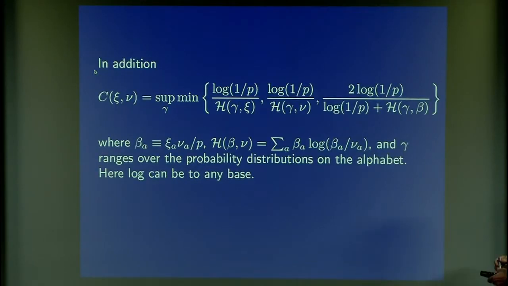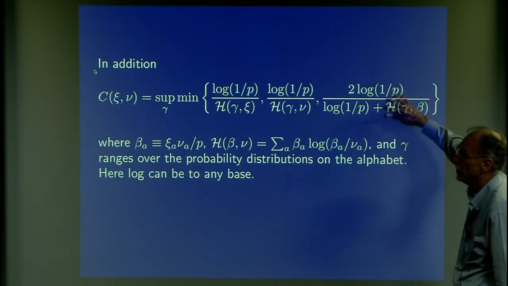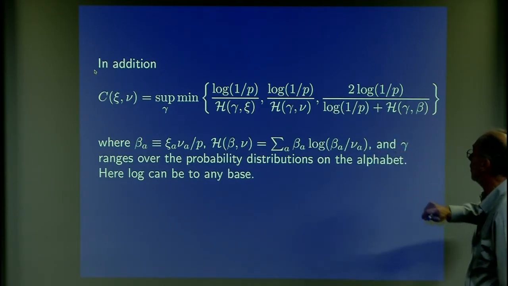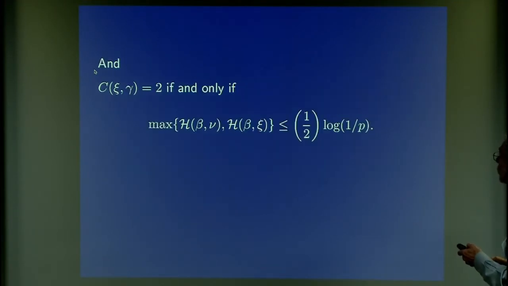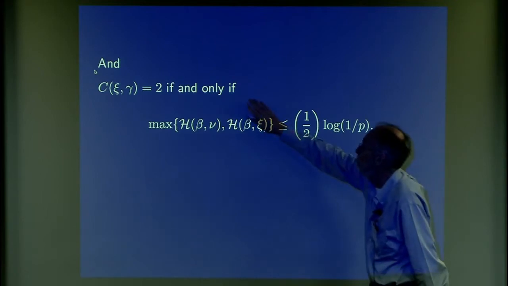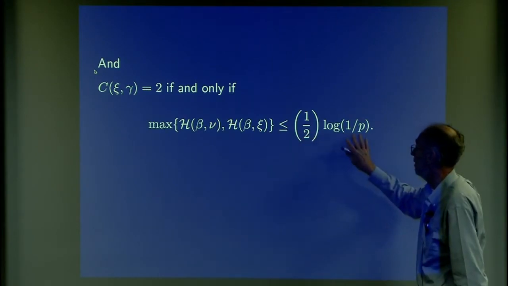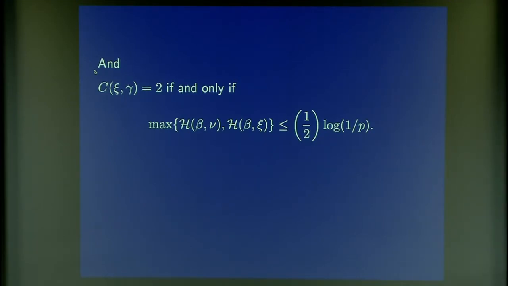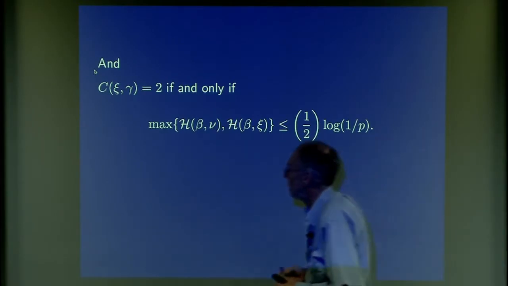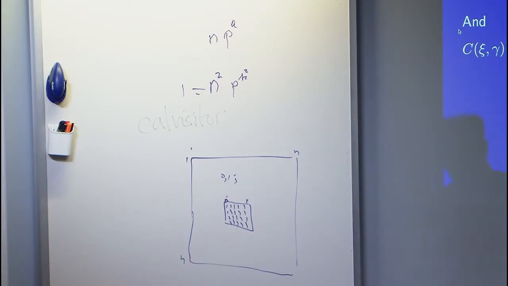But in proving this, Richard came up with a characterization of the definition of the constant, and a characterization of it being 2, just like when the sequences were from the same distribution, but they didn't have to be the same. So there's a characterization of when it's 2. And I wanted to say, okay, maybe it's what you expect, I guess. So I need the example to go through this.